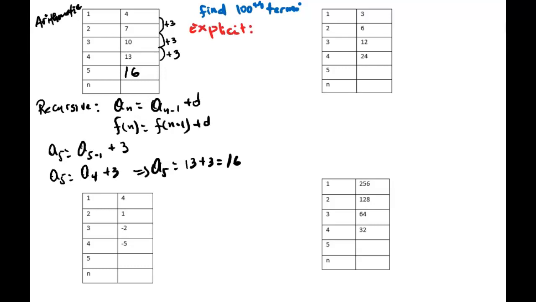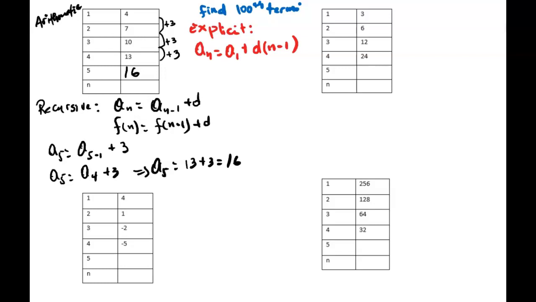the explicit formula is a sub n equals the first term plus the common difference times n minus 1. a sub n equals a sub 1 plus the common difference times n minus 1.